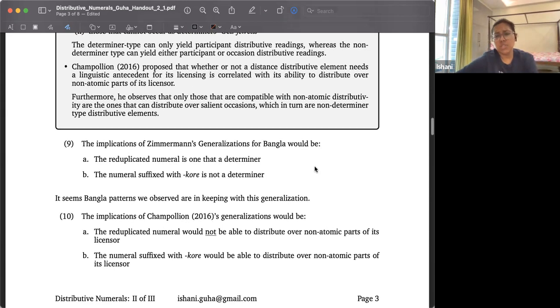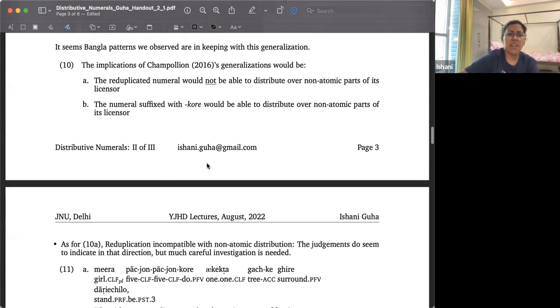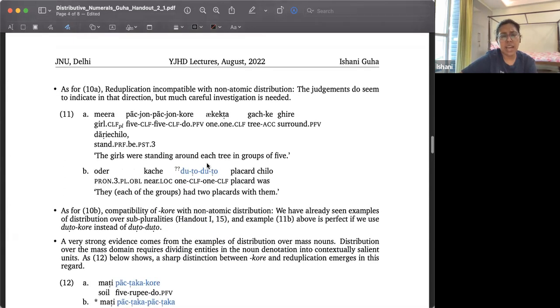So if we try to extend these implications, we will see that the reduplicated numeral would not be able to distribute over non-atomic parts, whereas Kore would be able to. And I have already shown you in the previous handout that Kore can distribute over non-atomic parts.